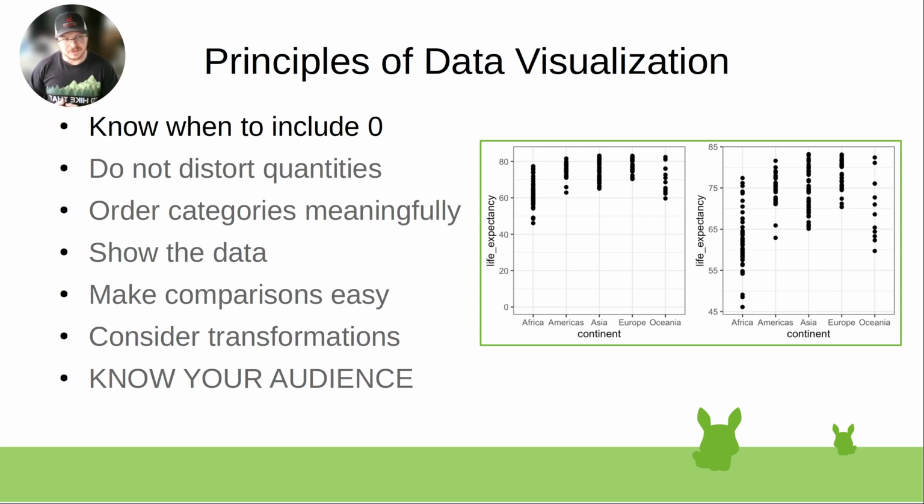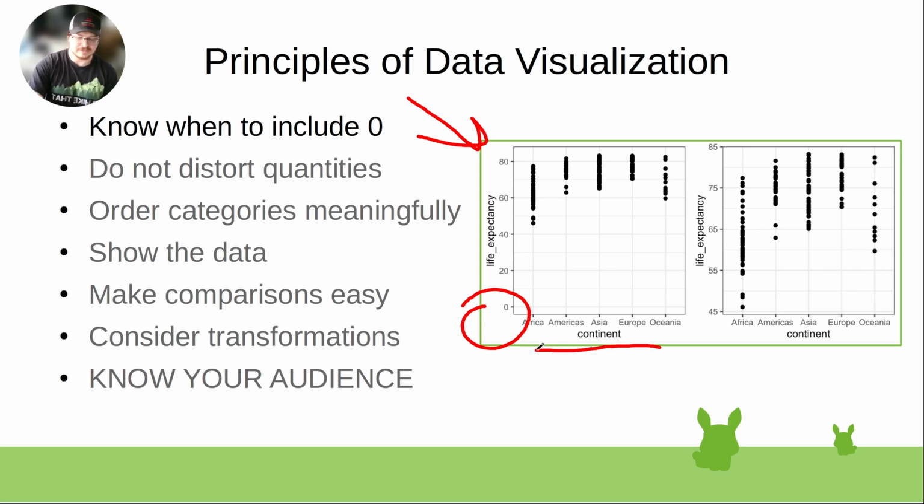This may sound silly because I bet 99% of the time that you've ever drawn a graph or made a graph for a class, you've always included 0 at the base of your y-axis. But in some instances, including 0 can actually hurt how your data is represented. So over here on this left-hand graph, this is a perfect example.